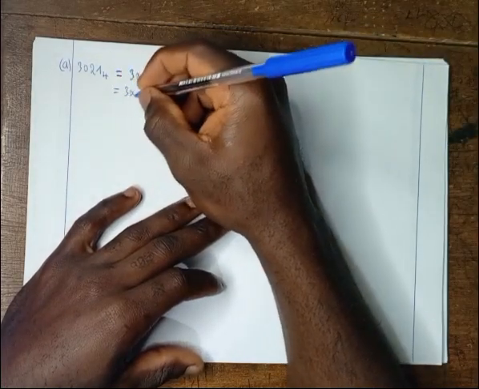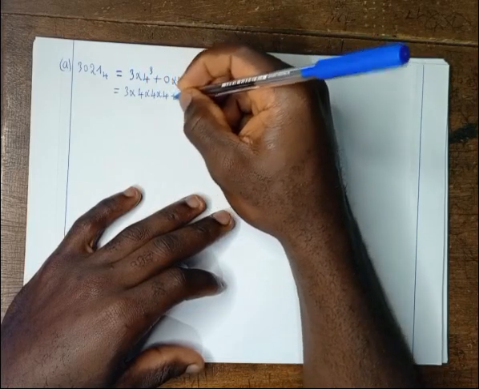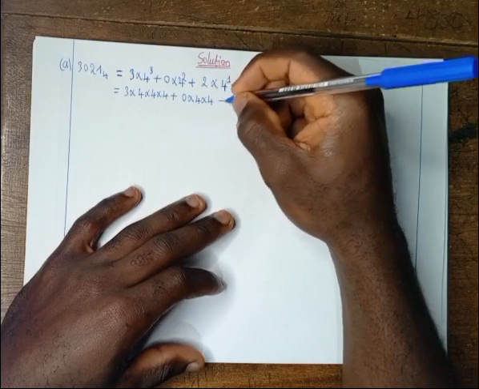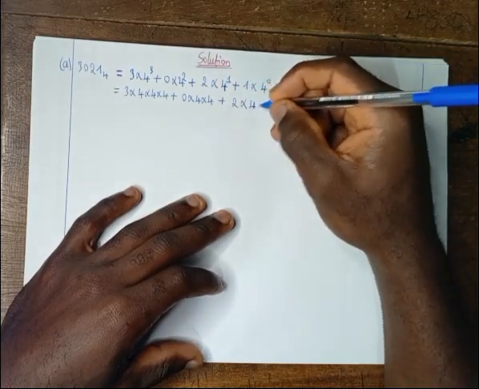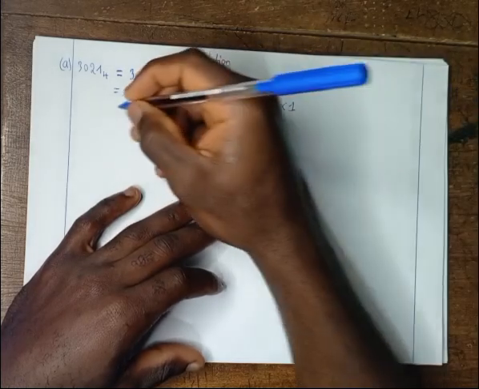This will give us 3 times 4 to the power 3, which is simply 4 times 4 times 4, plus 0 times 4 to the power 2, which is 4 times 4, plus 2 times 4 raised to the power 1, which is simply 4, plus 1 times 4 to the power 0, which is 1.